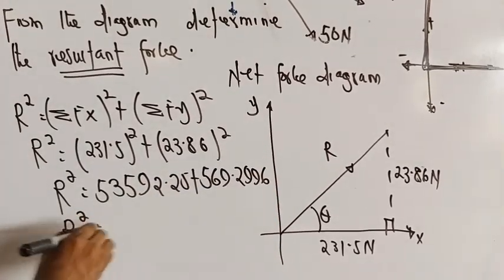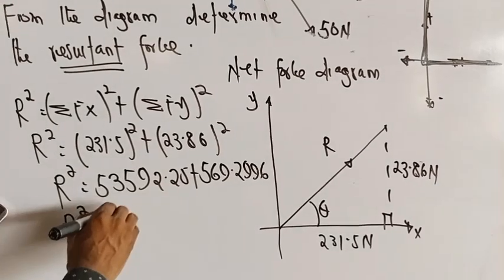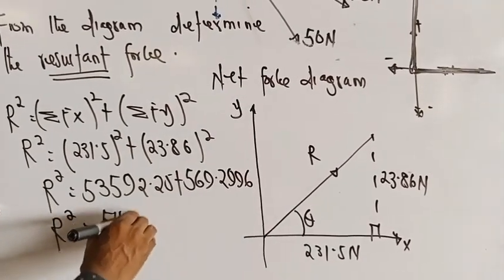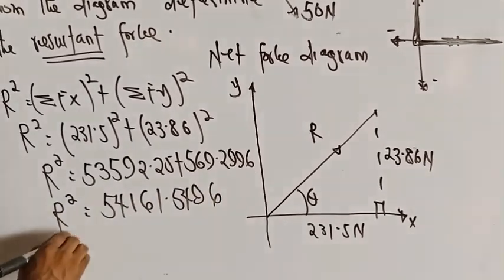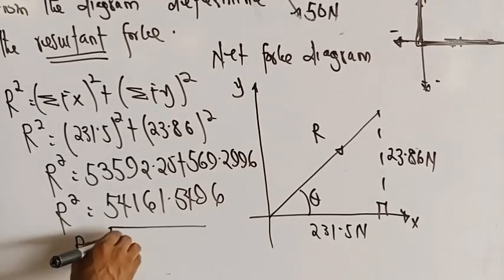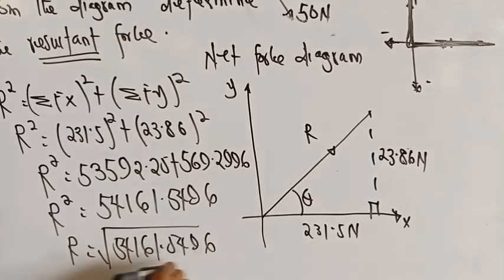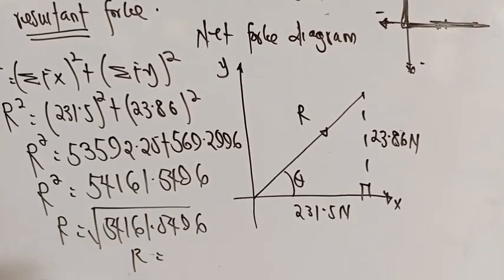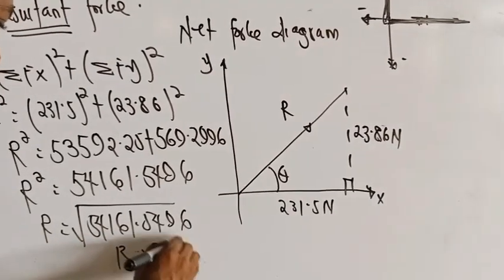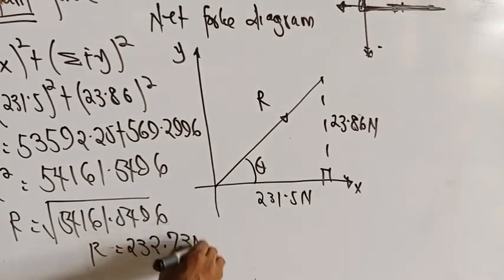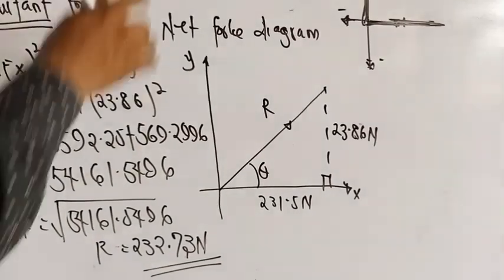If I add up, I'm having 54161.5496. So my resultant now is the square root of that, 54161.5496. That will give us 232.73 Newton.